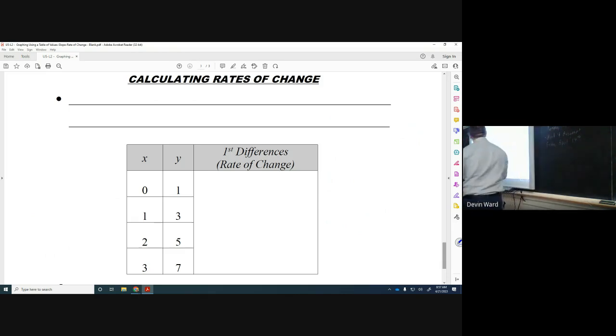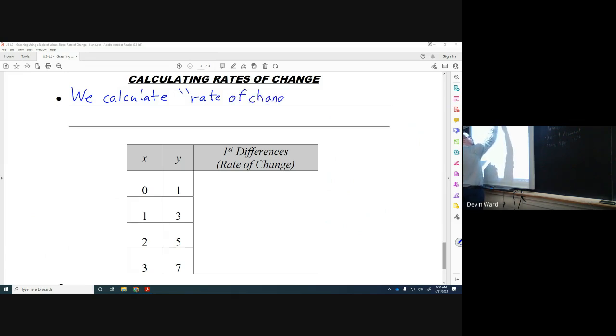We calculate by subtracting the y value from the y value before it.